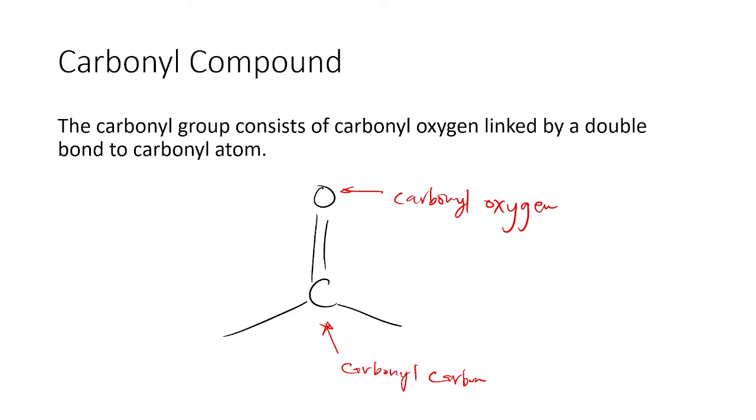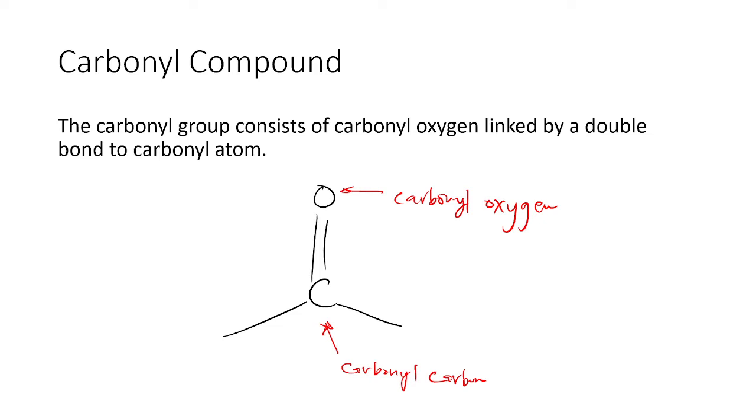We also have carboxyl groups, wherein one of the sides of the carbon atom is replaced by oxygen instead of a hydrogen or an R group. So basically, for this lecture, we'll be focusing more on the aldehydes and ketones.